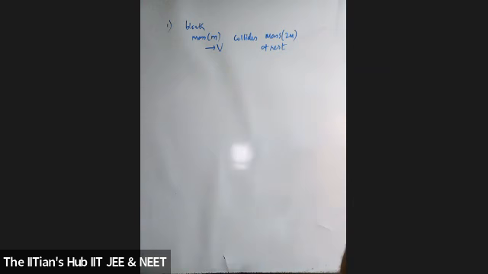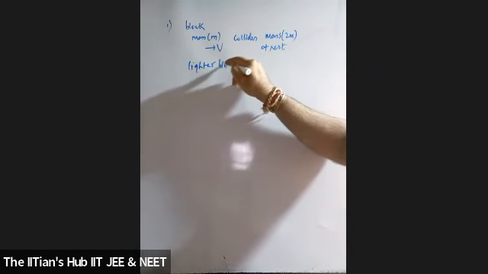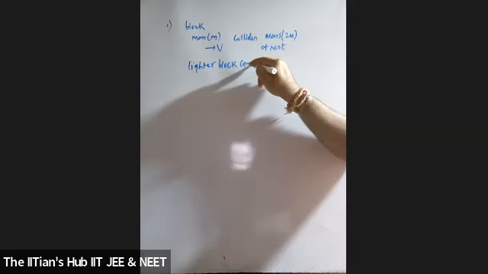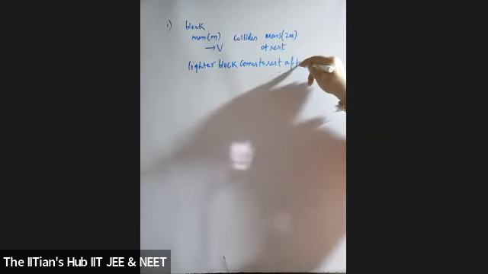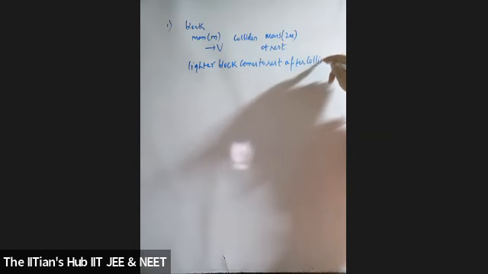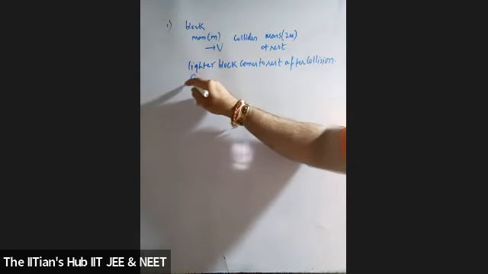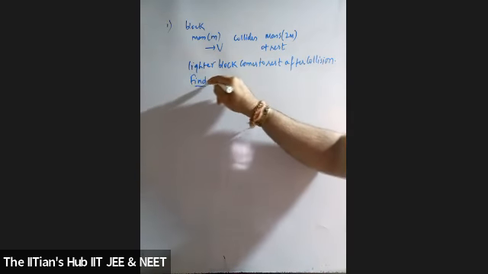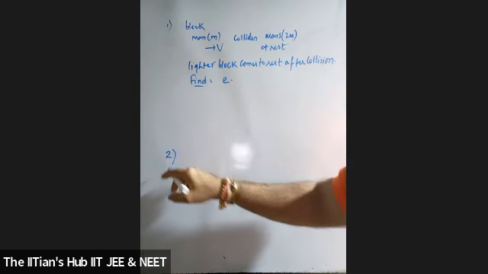The lighter block comes to rest after collision. Find e. That's the first question, and it's an easy one.